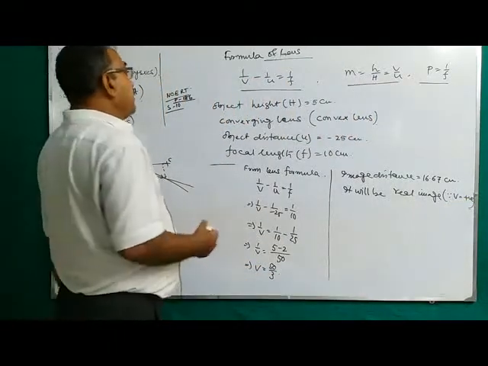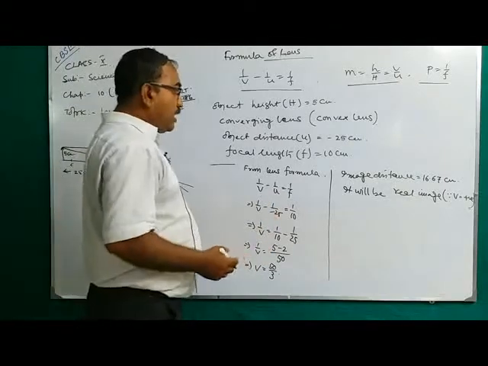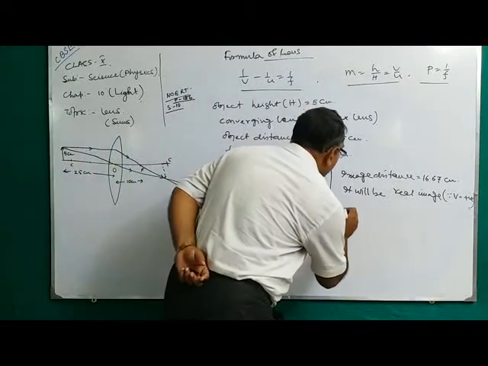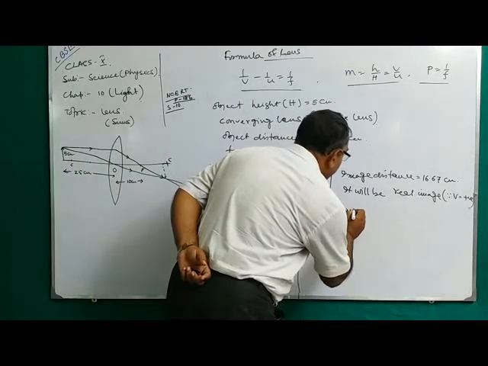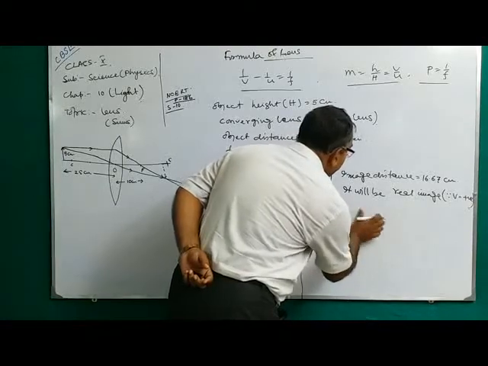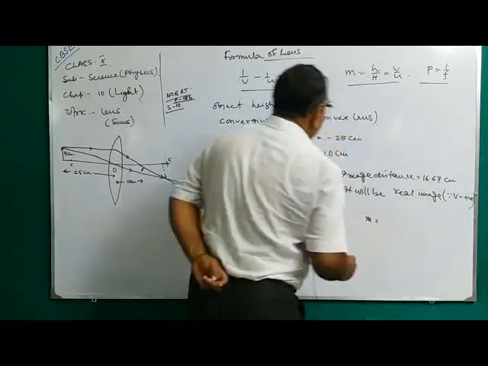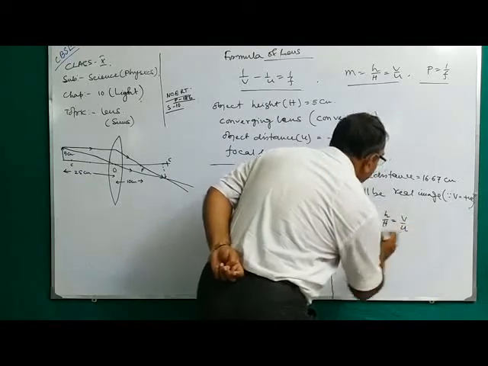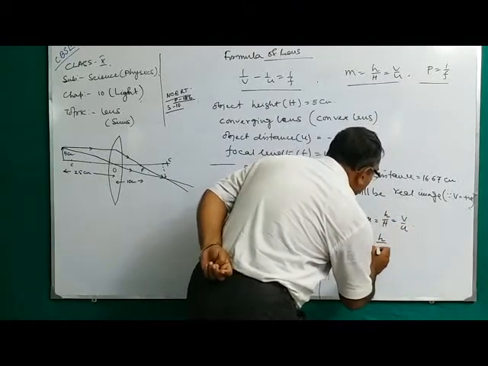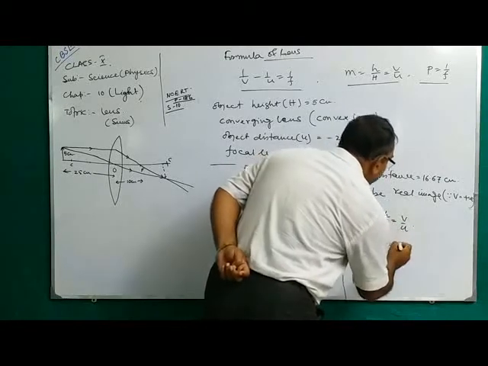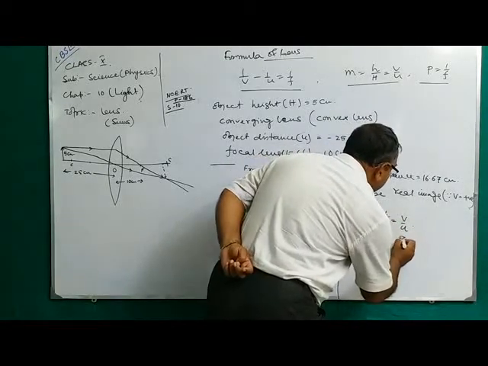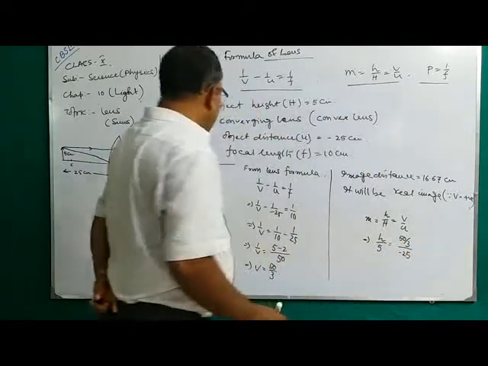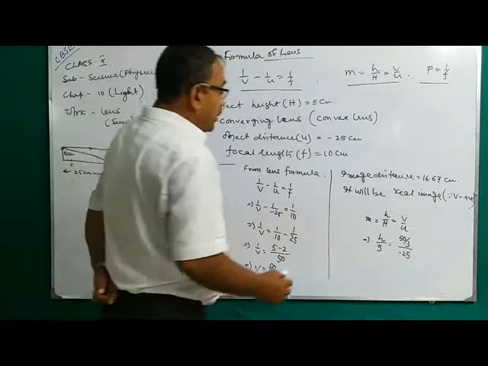And you find out the height of the image, from magnification. M equals small h by capital H equals V by U. H equals 5 centimeter, V equals 50 by 3 and U equals minus 25.